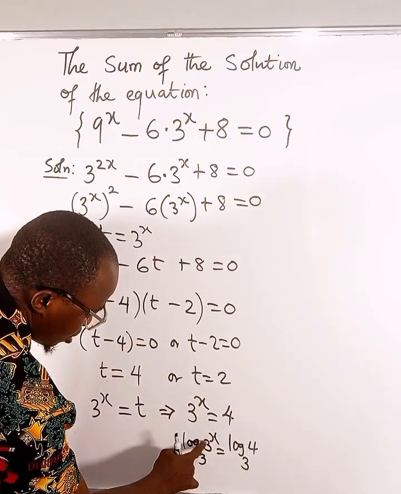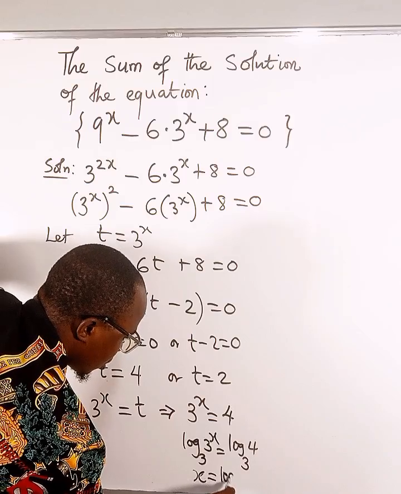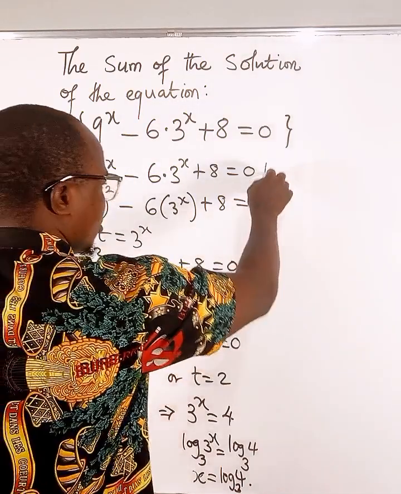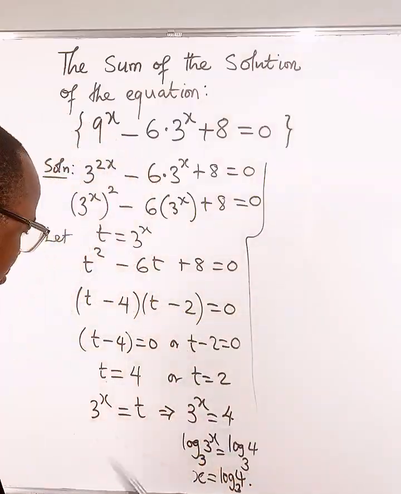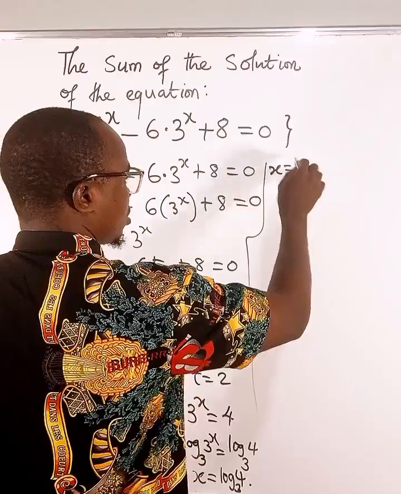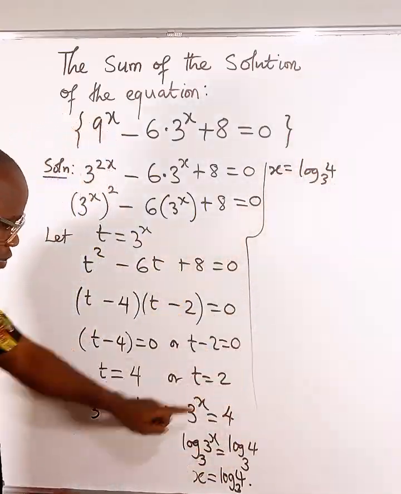So the 3 and the log base 3 cancel, and we are left with x equals log 4 base 3. Understand? So let's go to the second one.